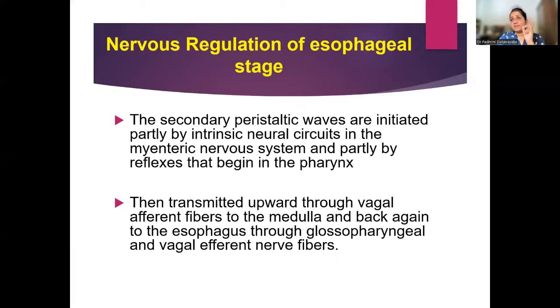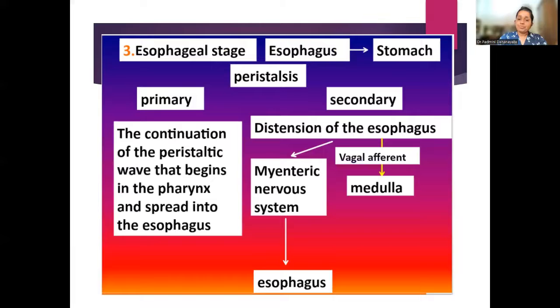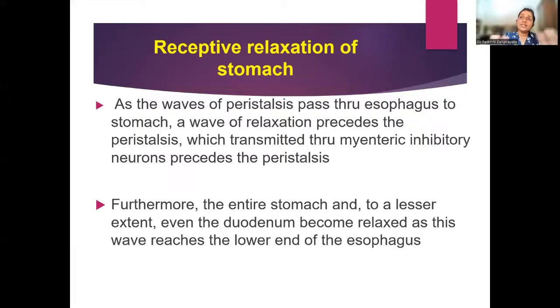Both will be involved as efferents as well, because only afferent will be carried through the vagus nerve, and those signals will be coming towards the esophagus, and secondary peristaltic waves will be initiated. So the first one is the myenteric local nervous system. The second one is the central nervous control by means of the vagus and the glossopharyngeal with the help of your swallowing center. So ultimately you will have nicely coordinated emptying of the food bolus into the stomach.